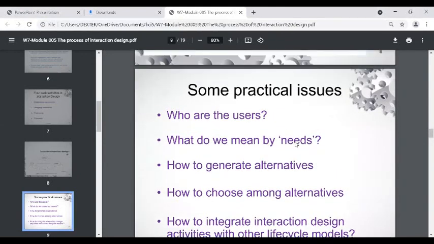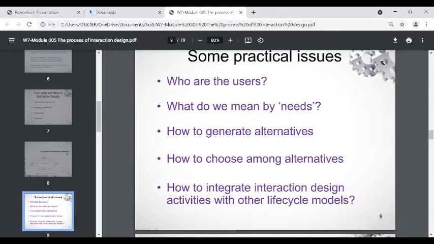Okay, so some practical issues. Our discussion so far highlights some of the issues about the practical application of user-centered design and the simple life cycle of interaction design introduced earlier. So these issues are listed here.